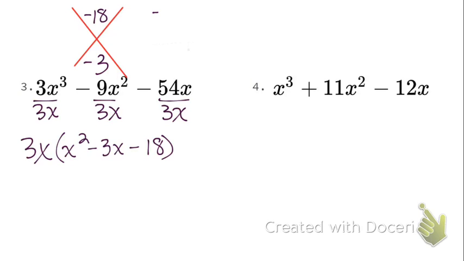So our bigger factor needs to be negative: 2 and negative 9, 3 and negative 6. Okay, our bigger factor is negative. The pair that's going to add up to negative 3 is going to be 3 and negative 6.